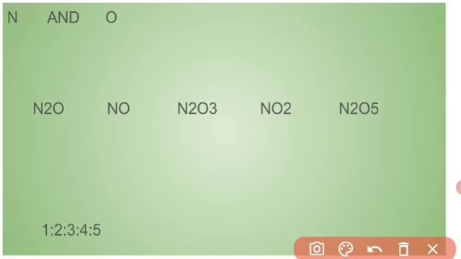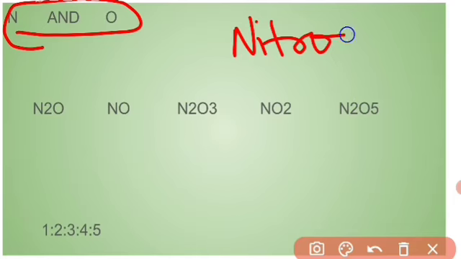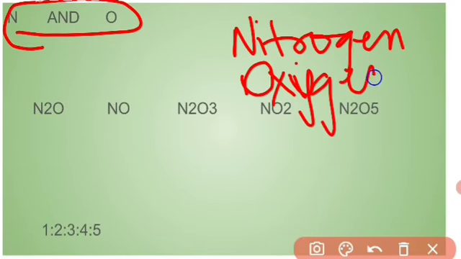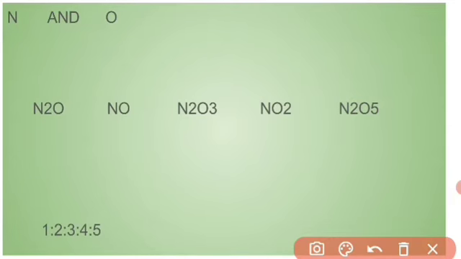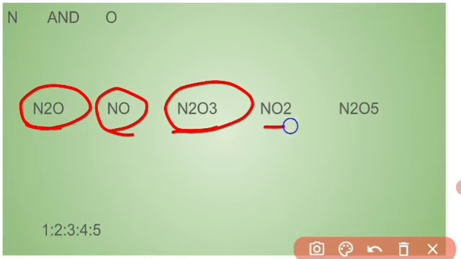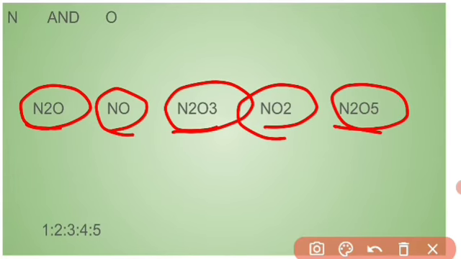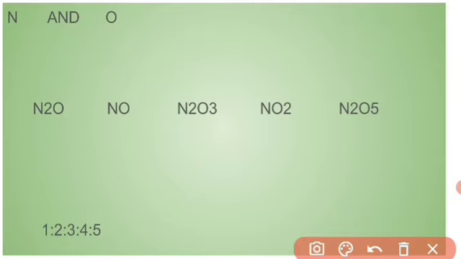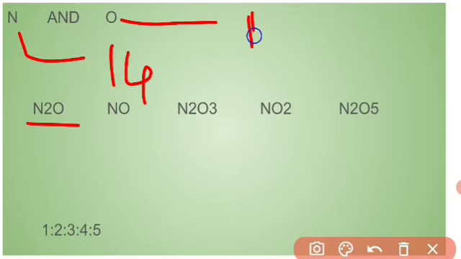Let us see one more example. We are taking two elements, nitrogen and oxygen. With these we can get 5 compounds: N2O, NO, N2O3, NO2, N2O5. Now let us solve this. Nitrogen is 14 and oxygen is 16.